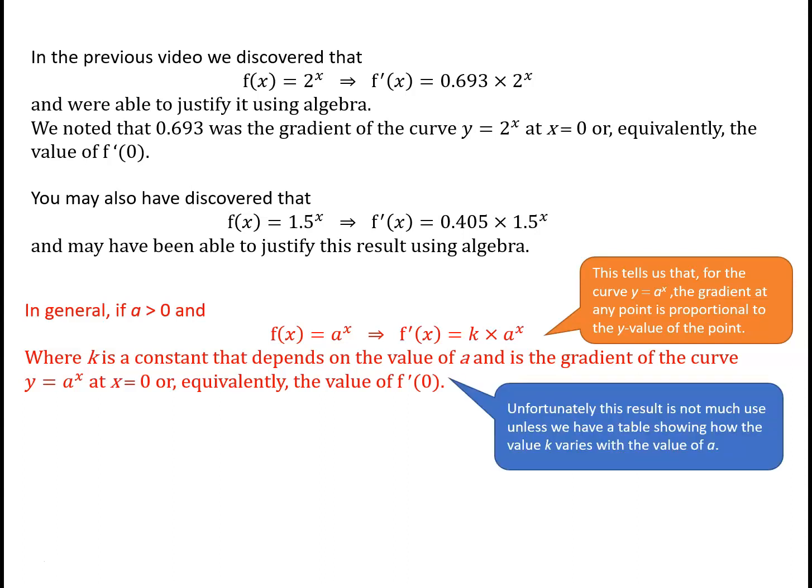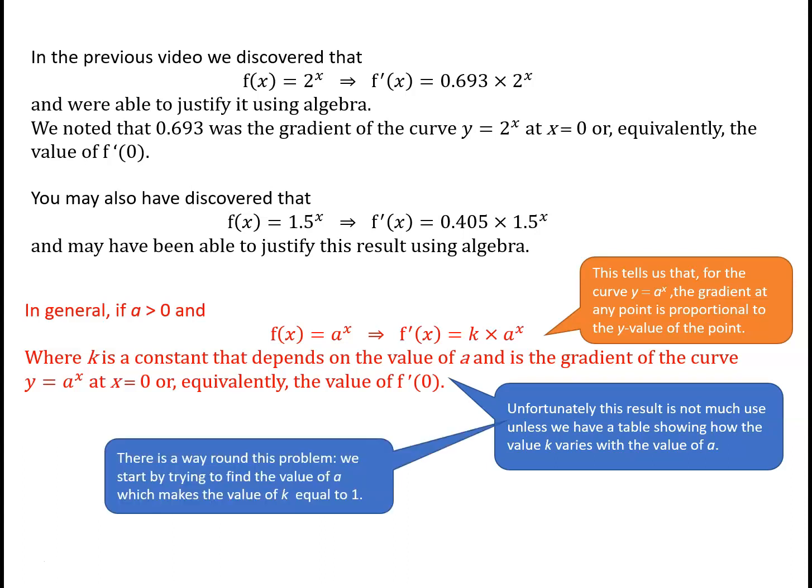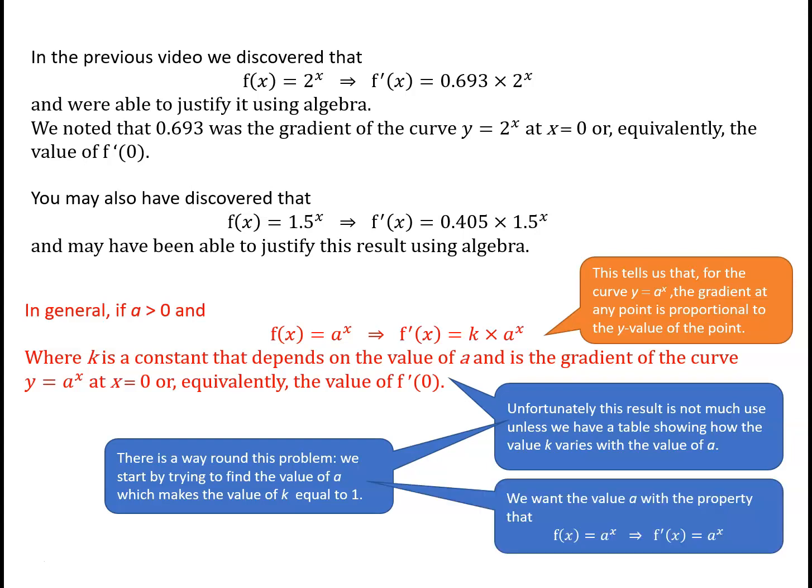Unfortunately though, this result is not that much use unless we have a table showing how the value of k varies with the value of a. There is, however, a way round this problem. What we're going to try and do is find the value of a which has the corresponding value of k equal to 1, and we're going to use GeoGebra to help us do that.